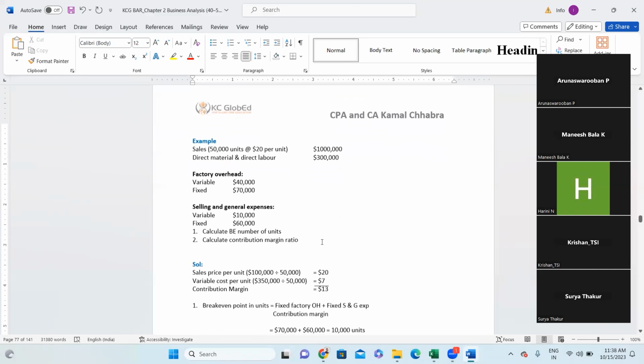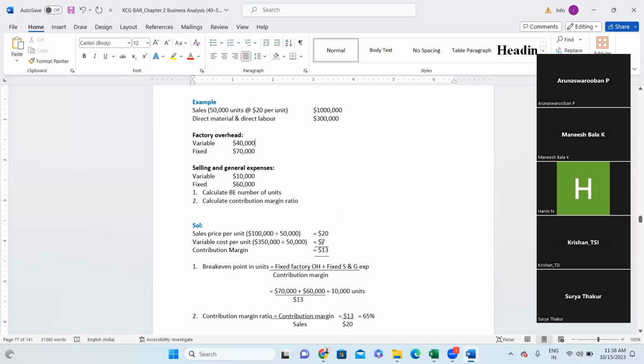What is the value of fixed cost? We discussed this: 70,000 plus 60,000, 130,000. So 130,000 divided by the contribution margin of $13. How many units? 10,000 units. So you require 10,000 units for break even.